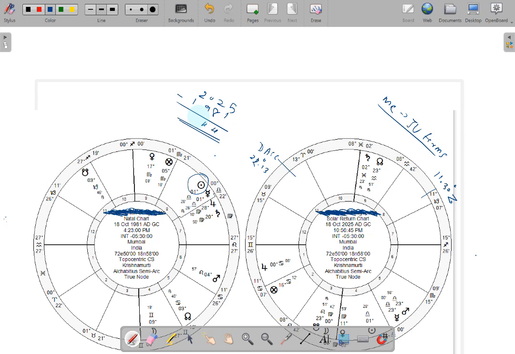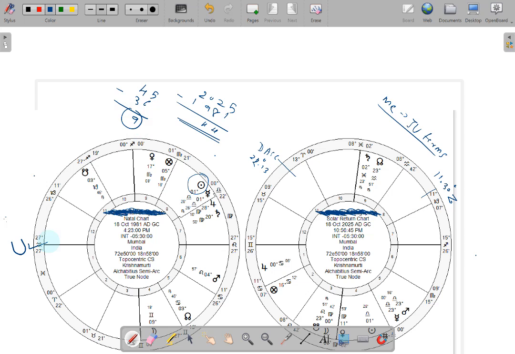He's currently running the 45th year, which basically means his ninth house is activated, right? How did I say that? 45 minus 36, the nearest multiple of 12, is 9. So it is the ninth sign from the ascendant sign, and the ninth sign from the ascendant sign is Libra, because his ascendant is Aquarius.